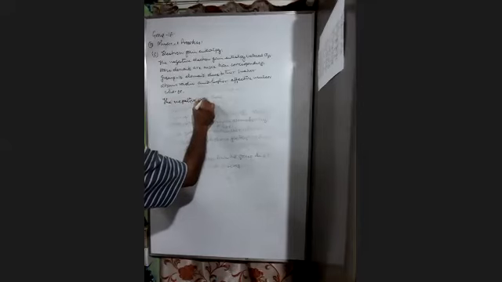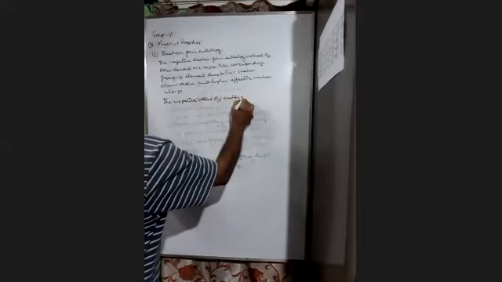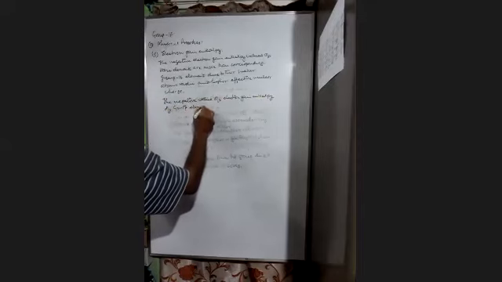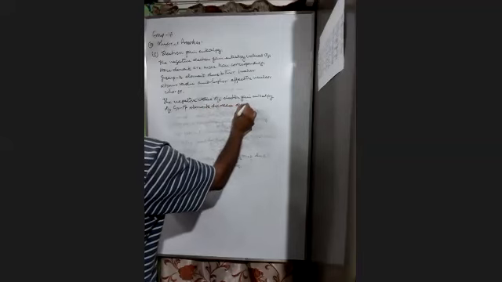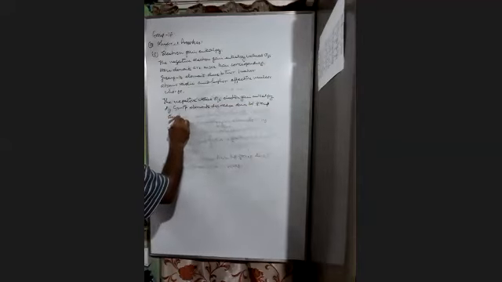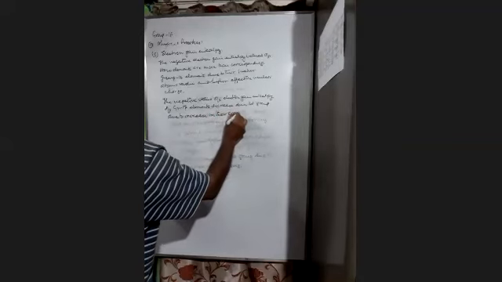The negative value of electron gain enthalpy of group 17 elements decreases down the group due to increase in their sizes.